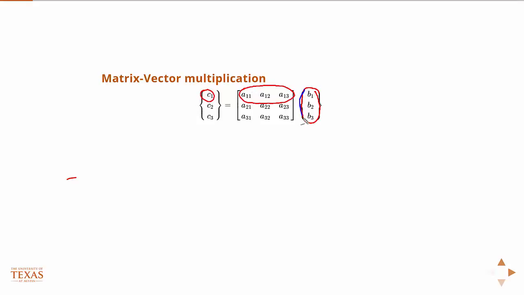C2 is the dot product of the vector B with the second row of A. And C3 is the vector B dot product the third row of A. And so that's what I have there, and there, and there, just written out explicitly.